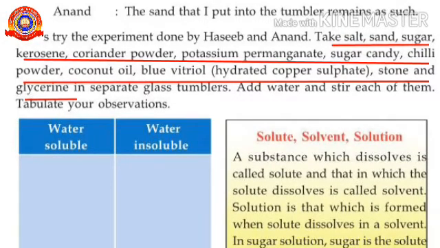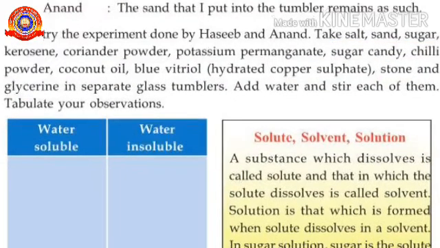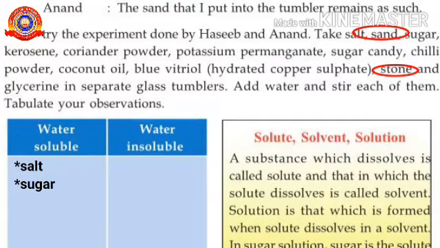If we add some water to each of these items in different tumblers, what will happen? We need to tabulate this in this column. Let's start completing this table. We have already seen in the previous experiment that salt and sugar are soluble in water, while sand and stone are insoluble in water.